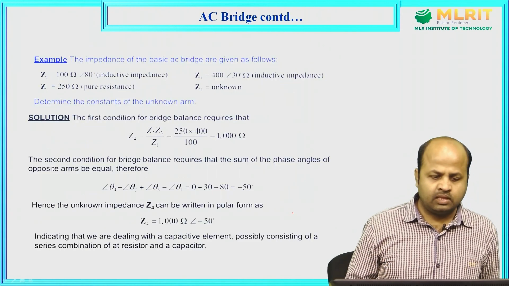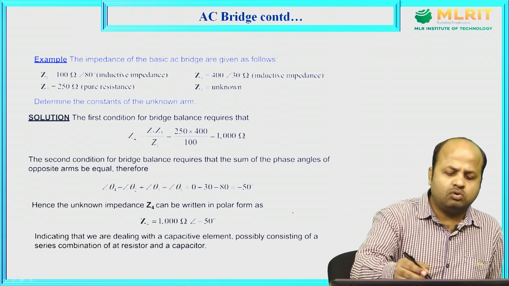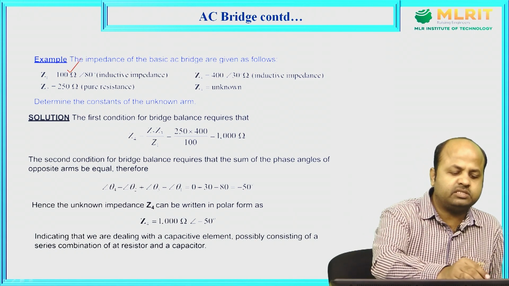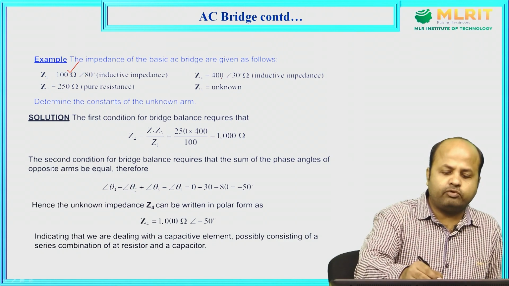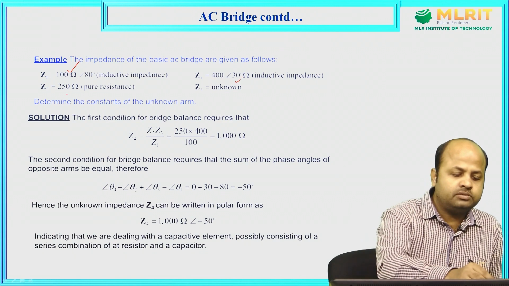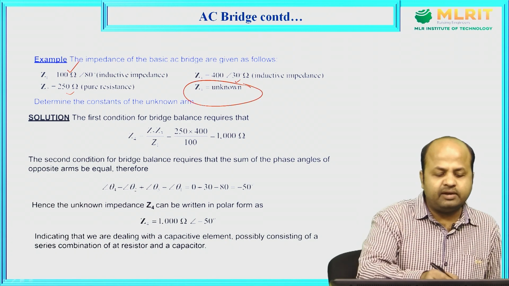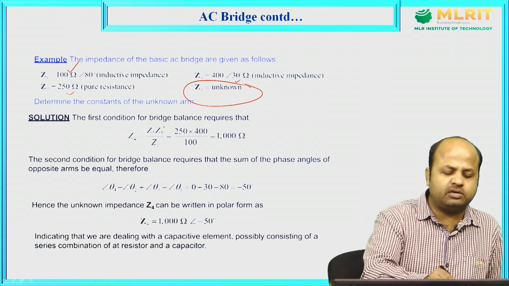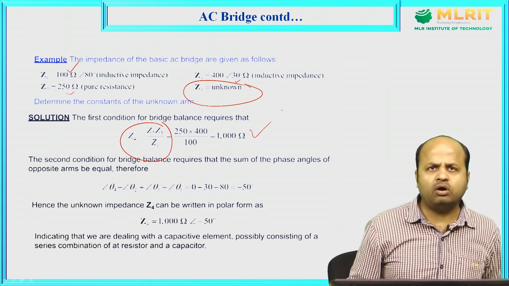Now we will see some examples of AC bridges. Here we can see that Z1 is given as 100 ohm angle 80 degree, Z3 is given as 400 angle 30 degree, Z2 is given as 250 ohm. Now we have to find Z4. So we can easily apply the AC bridge balance condition formula and calculate the required value of Z4.